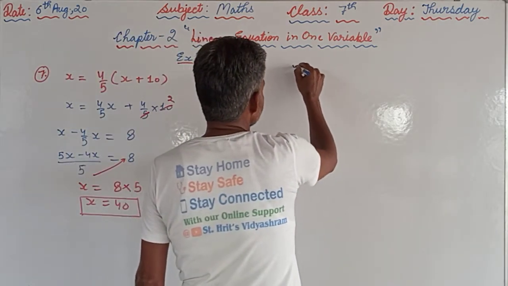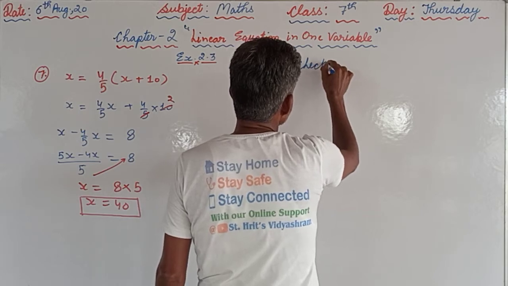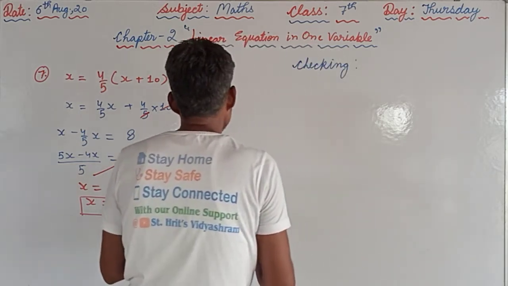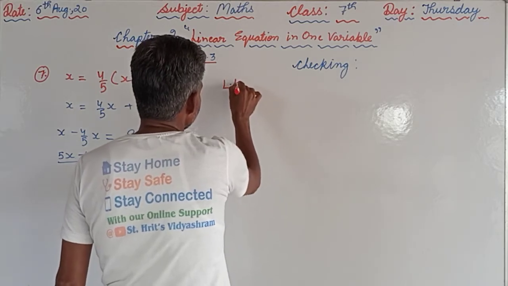Now we are supposed to check the answer. For checking the answer, again we will follow the same rule, that is we will calculate the value of left hand side.